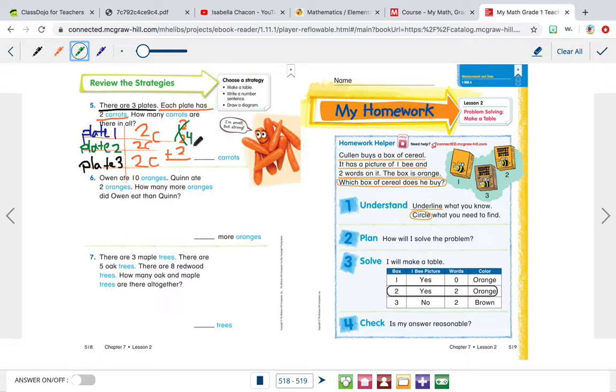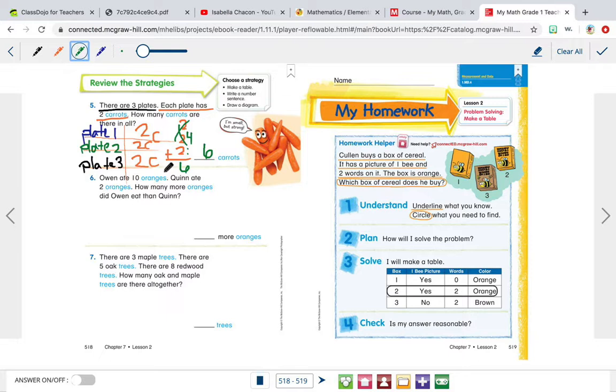Then now we have 4 plus 2 because we already added these two. 4 is the bigger number, 2 is the smaller number, so I'm going to write 2 dots, get 4 in my head, and count up. So 4, 5, 6. So there are 6 carrots in all because plate 1 had 2 carrots, plate 2 had 2 carrots, and plate 3 had 2 carrots. We added them all up and we got 6.